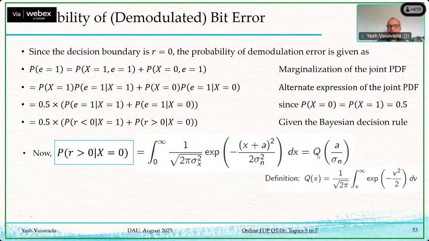This Q function is a very well-known function in probability and statistics. It is also related to the error function or the complementary error function. And in today's tools like Python and MATLAB, these are inbuilt functions. Okay.